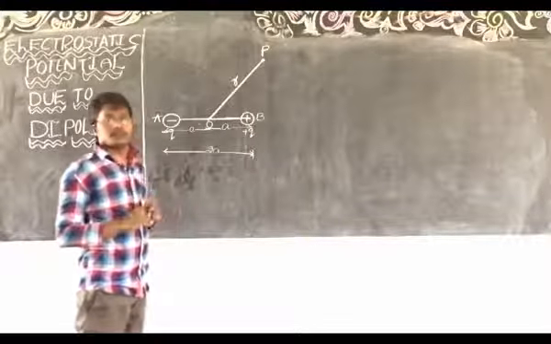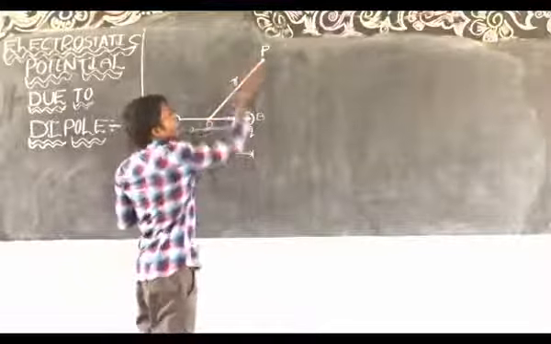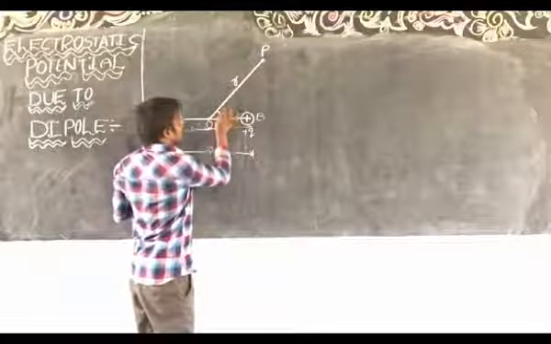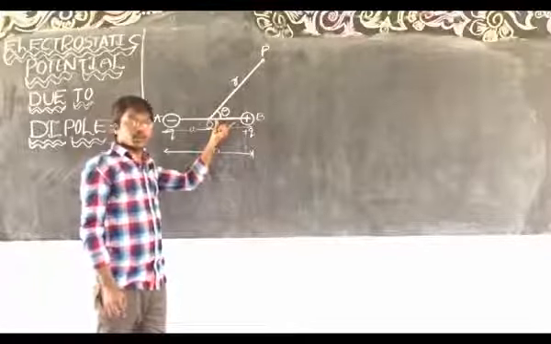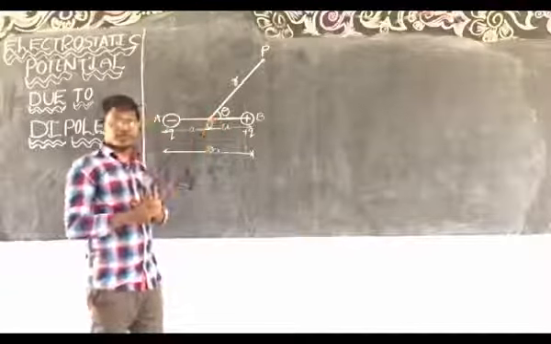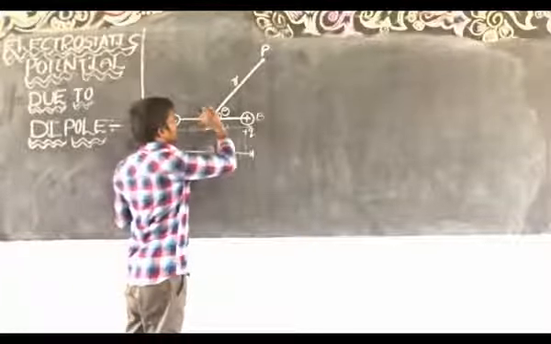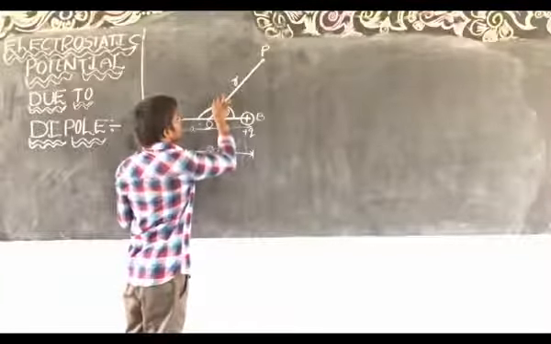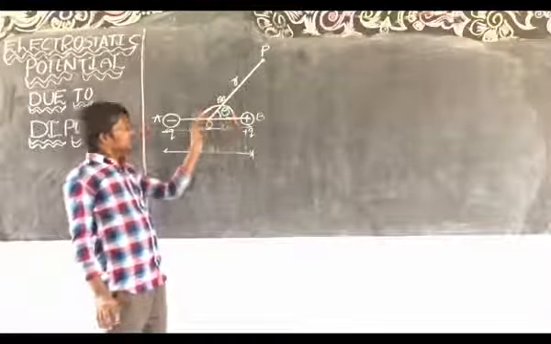Now, this line OP is making an angle theta with the electric dipole. See here, this total is 180, horizontal.